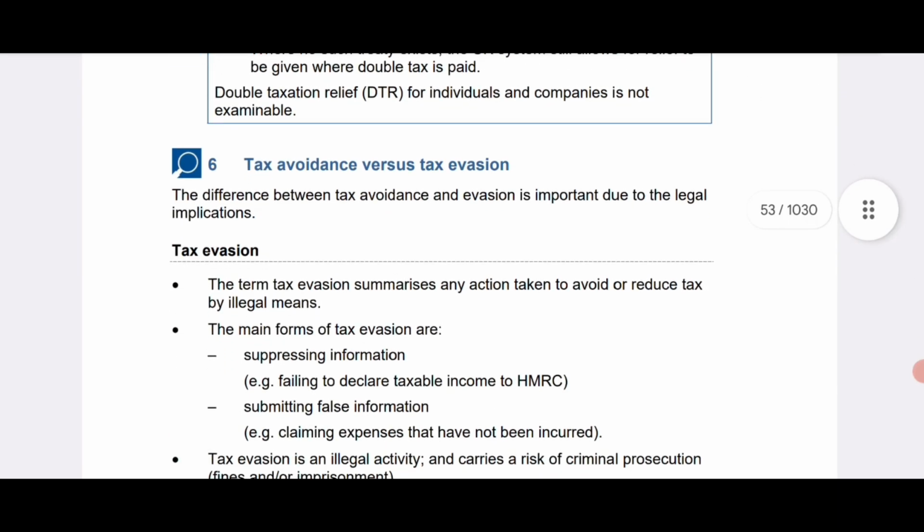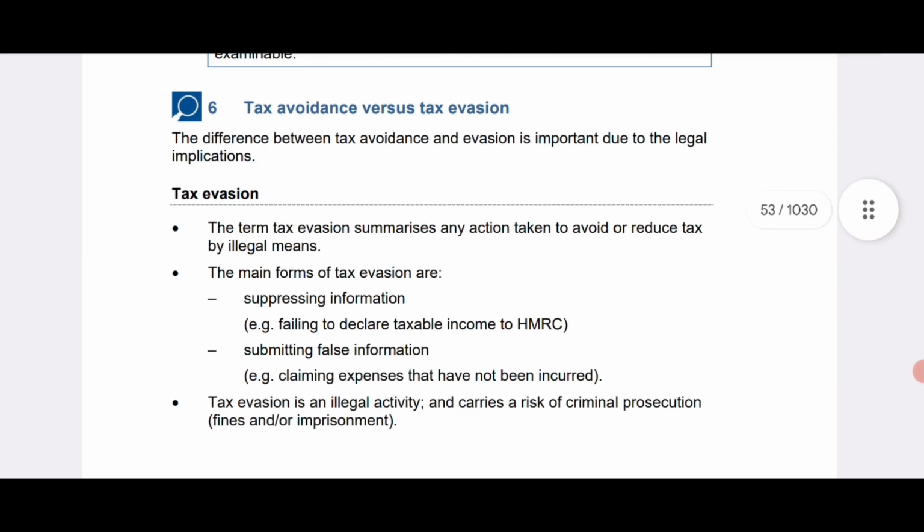Next is tax avoidance versus tax evasion. The difference between tax avoidance and tax evasion is important due to its legal implications. Tax evasion is trying to avoid or reduce tax by illegal means.